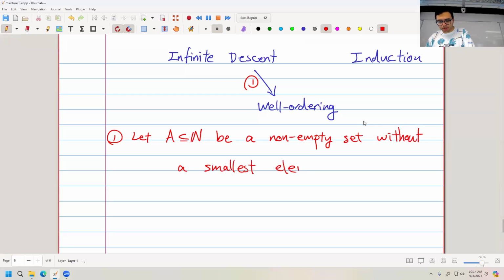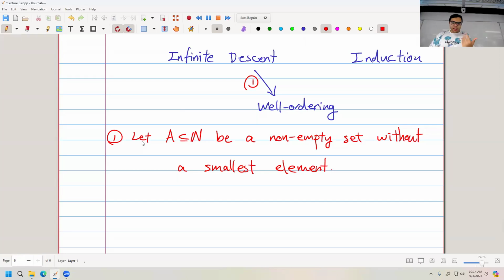So this is what it means for well-ordering to not hold. It means that there exists some subset of natural numbers that doesn't have a smallest element. I want to get a contradiction with this using infinite descent. How can I do this?